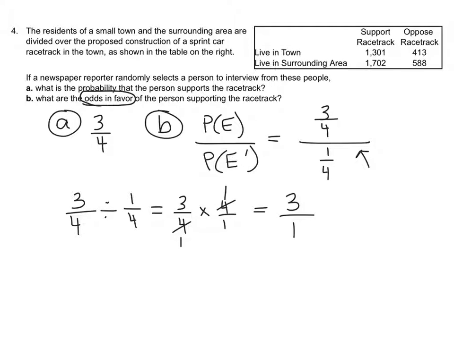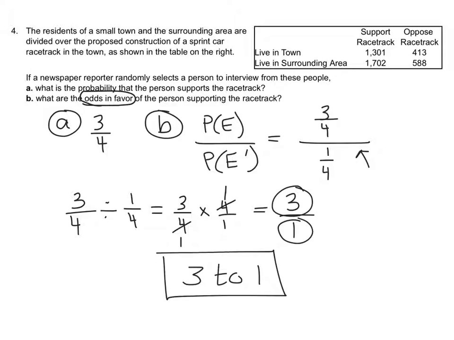Again, this is odds, so we want to write this with the word "to." And then the number to the left of the word is the numerator, which is 3, and the number to the right of the word is the denominator, which is 1. So our answer for odds in favor of the person supporting the racetrack is 3 to 1. And that's our solution to part B.